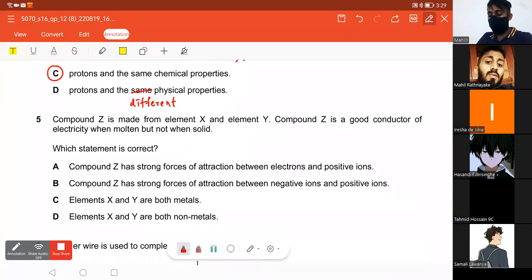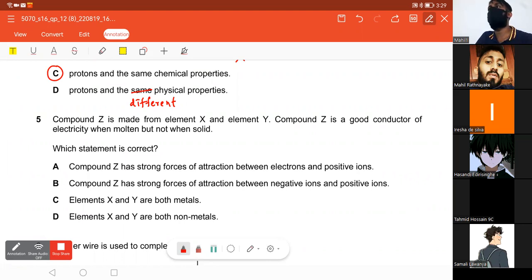Compound Z is made from elements X and Y. They can conduct electricity, not in solid. Therefore, what is compound Z? Ionic compound. Why does an ionic compound not conduct electricity in solid state? Ions are in fixed positions. They cannot move.